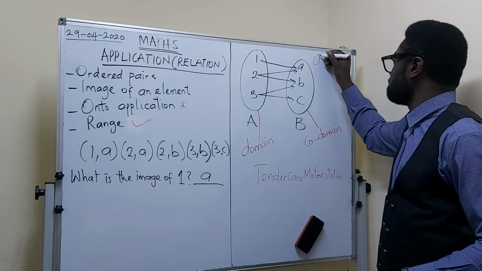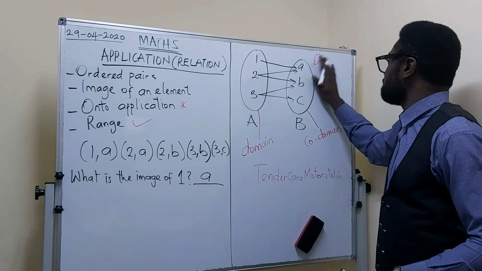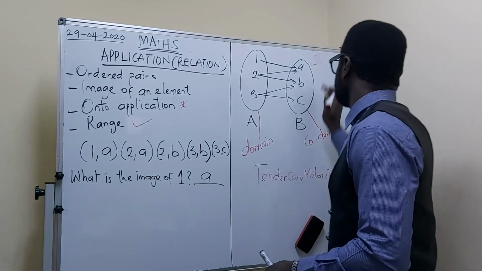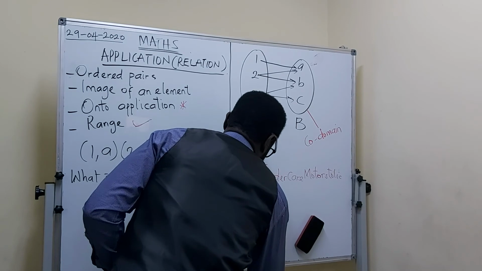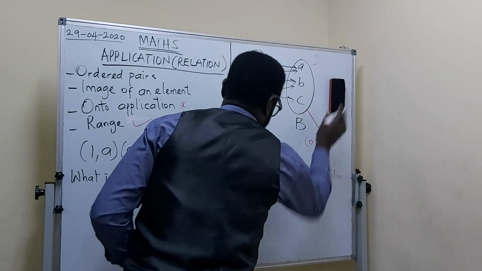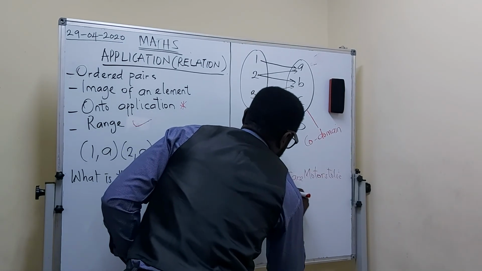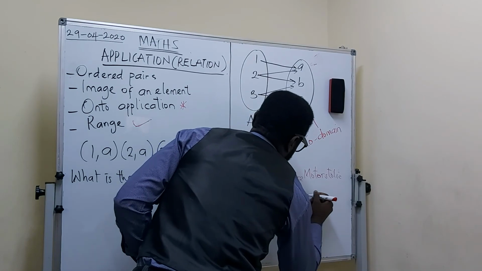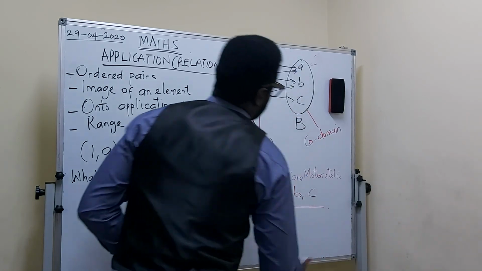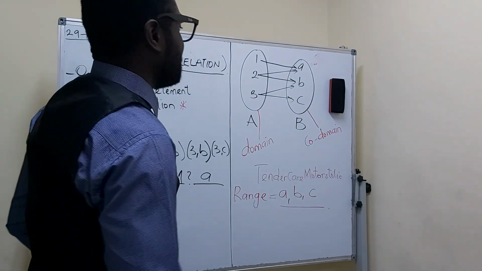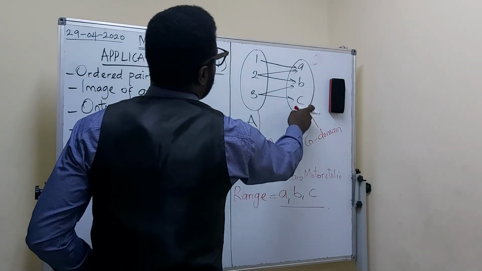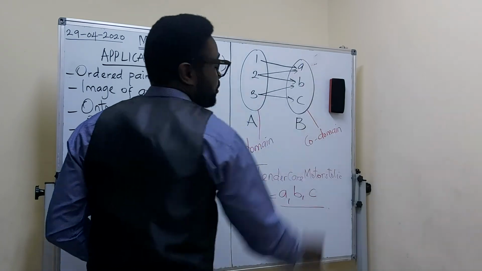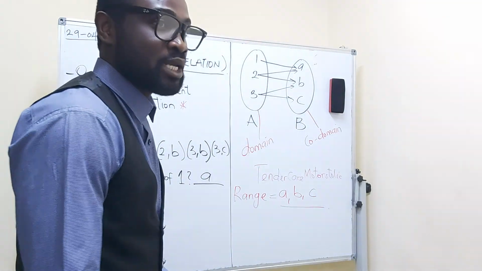A, okay, let me rub it and write it clearly. The range will be A, B, and C. Why is it A, B, and C? Because all of these elements are arrowed and they are in the codomain. Can we all see that?